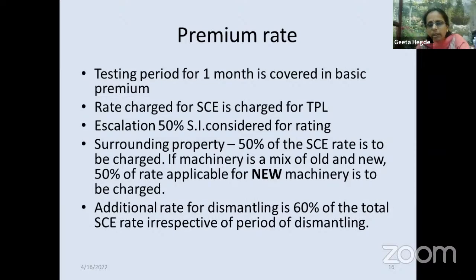Surrounding property, 50% of the rate. TPL entire rate is charged, whereas for surrounding property, 50% of the storage cum erection rate is to be charged. If the machinery is mix of some old and new machineries, then 50% rate applicable for the new machinery will be considered. Additional rate for dismantling, as we have seen in the last slide, that 60% of the total rate is charged for dismantling.